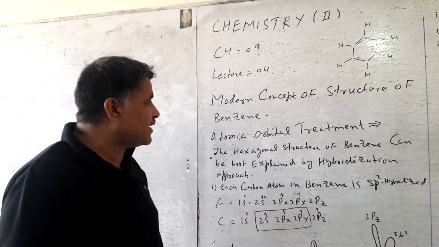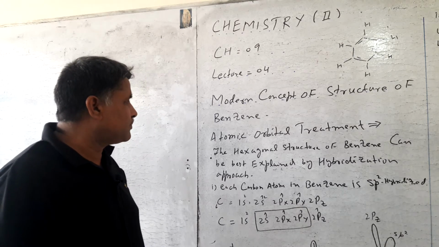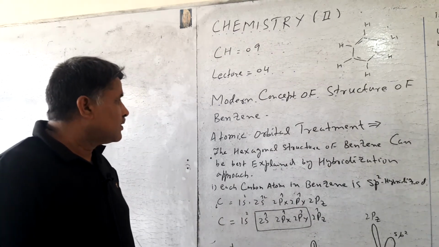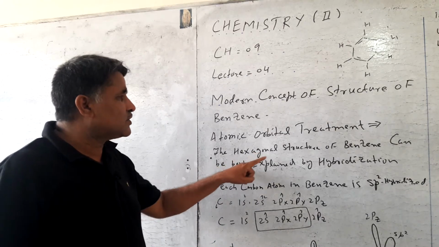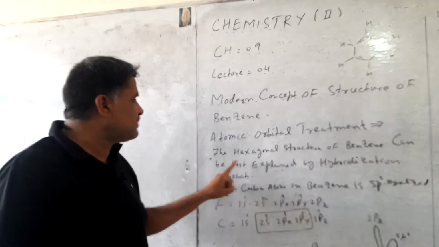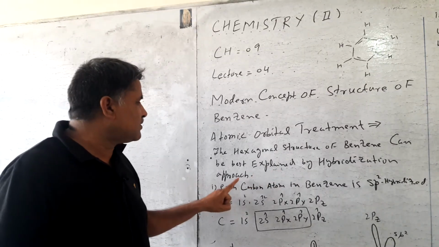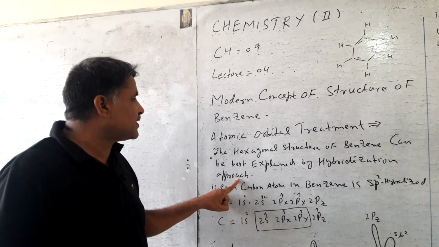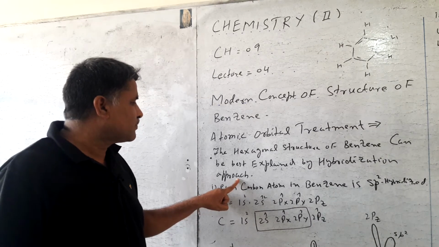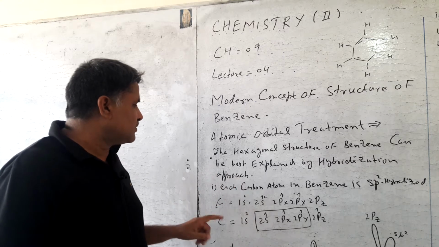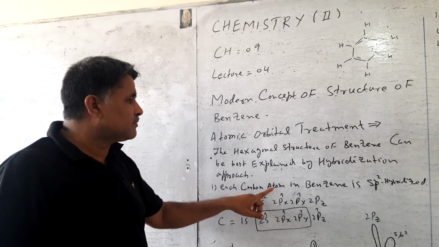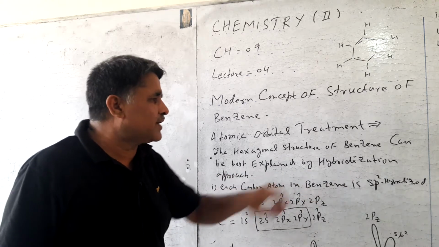Now we consider some idea of sp2 hybridization. The hexagonal structure of benzene can be best explained by the hybridization approach, the atomic orbital treatment approach. In benzene, each carbon atom is sp2 hybridized.